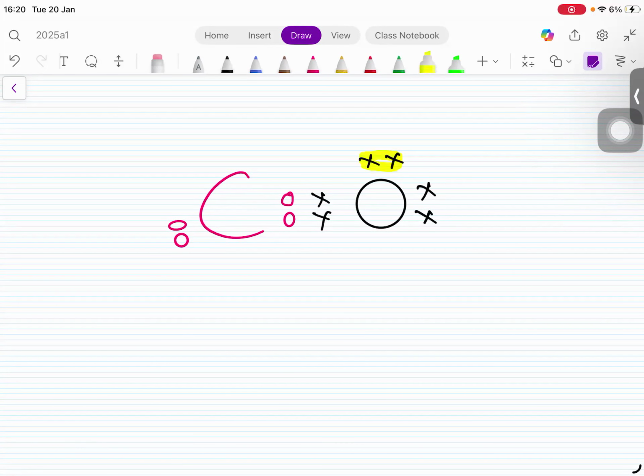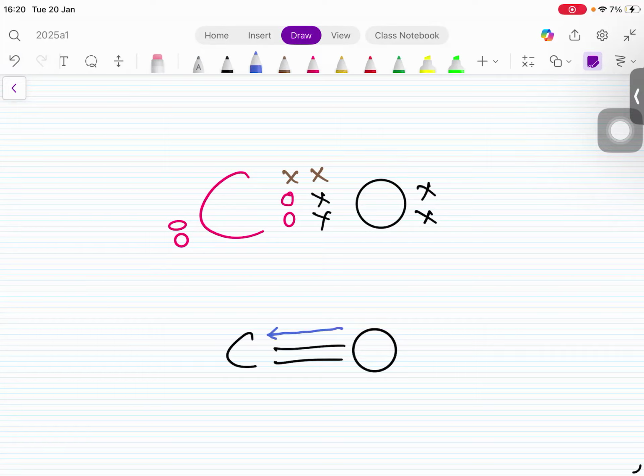Now, if you look at this, it goes like this. You see? What is this? Dative covalent bond. But once, as I said before, once it is formed, it behaves like a normal covalent bond.